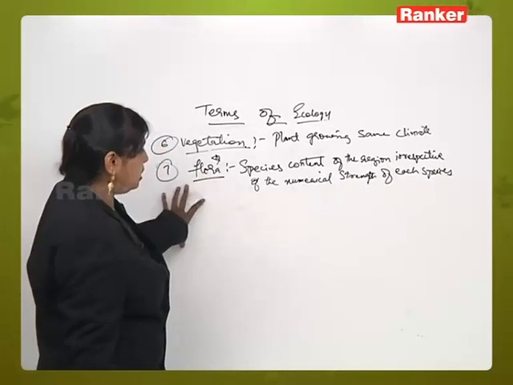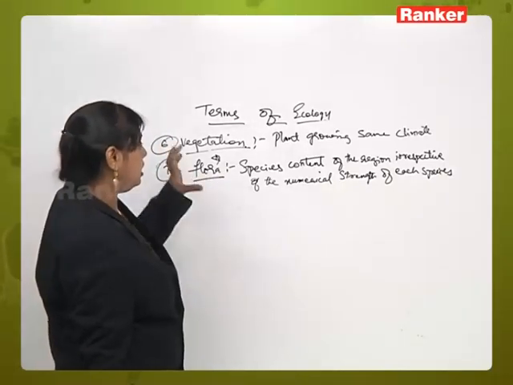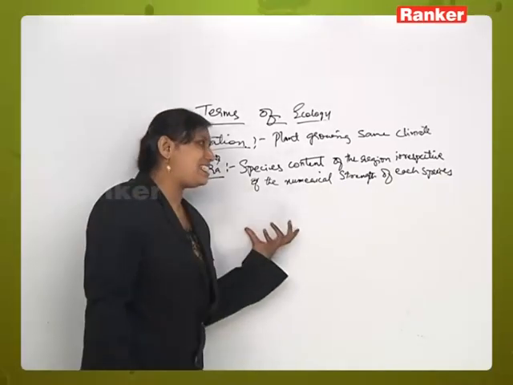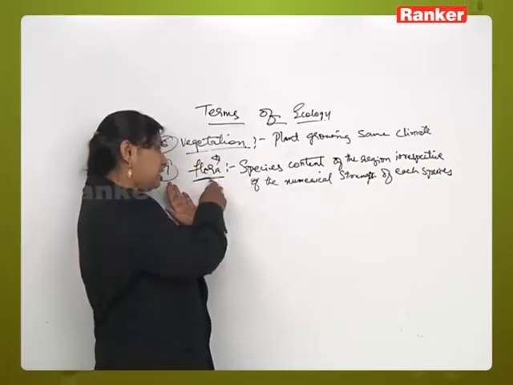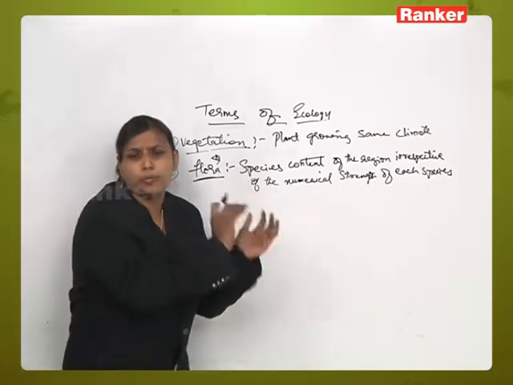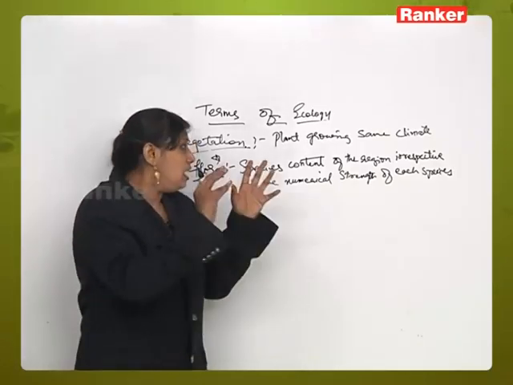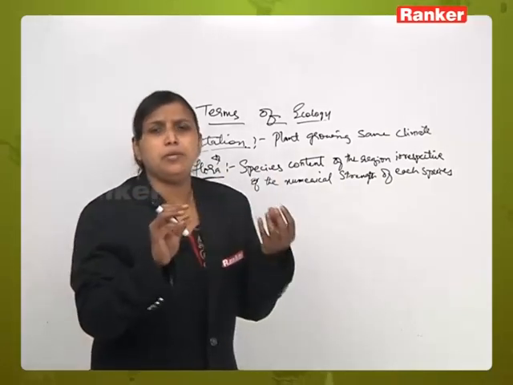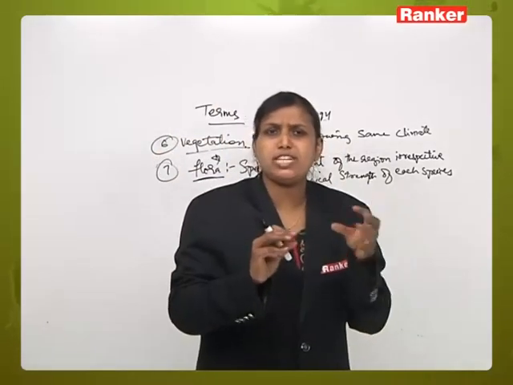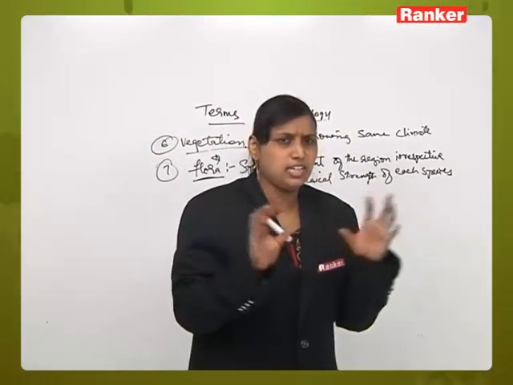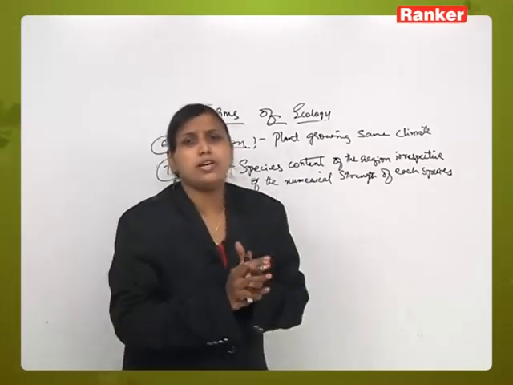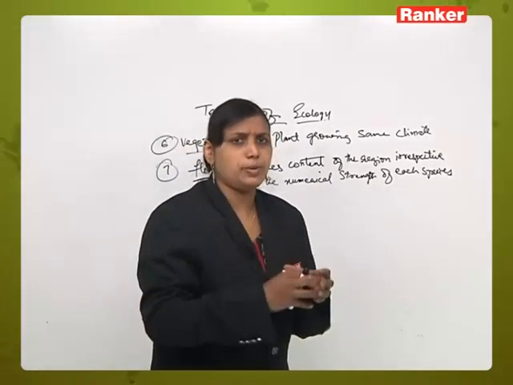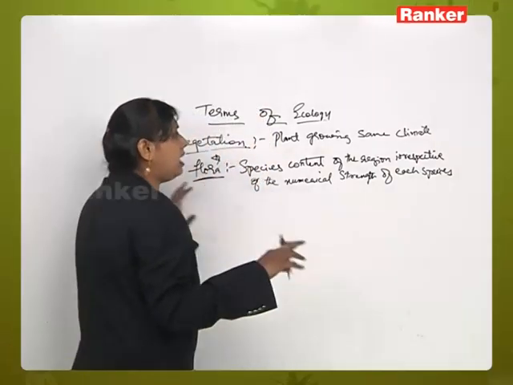The species content of a particular region, irrespective of the numerical strength of each species, is flora. Flora means plants. So a group of plant species, irrespective of numerical strength, maybe you have 4 lilies, 4 roses, 5 orchids, all the plant species which are present in a particular area, is called flora.